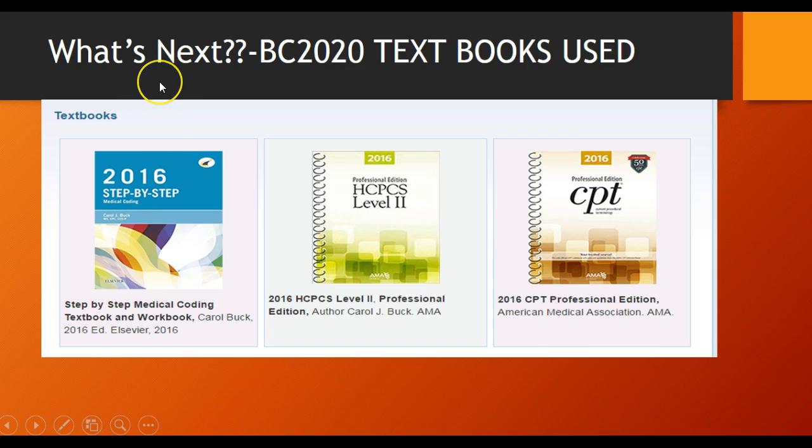With CPT coding, you're still going to be using your step-by-step, and you're going to have your CPT manual and your HCPCS Level 2. This book right here is generally used to report surgical supplies, surgeries for Medicare and Medicaid patients only.